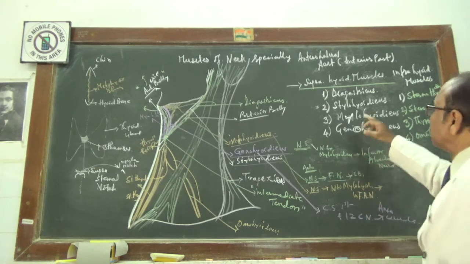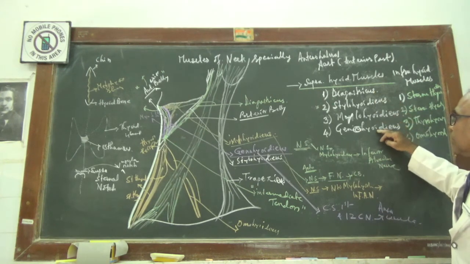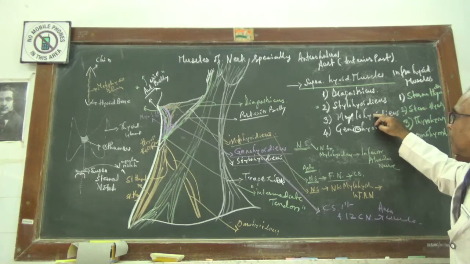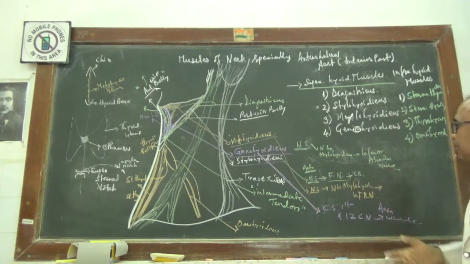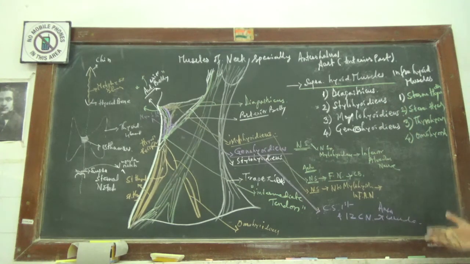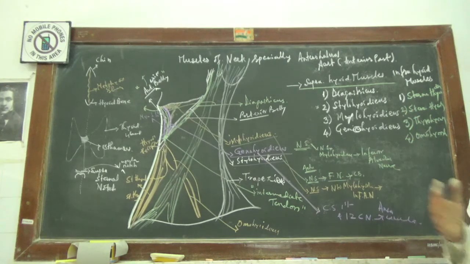But the digastric and the mylohyoid are supplied by different nerves, including the digastric anterior belly. That is what you have to remember.